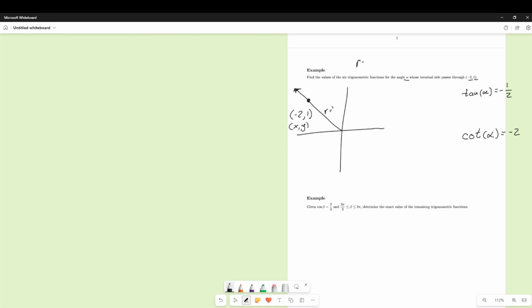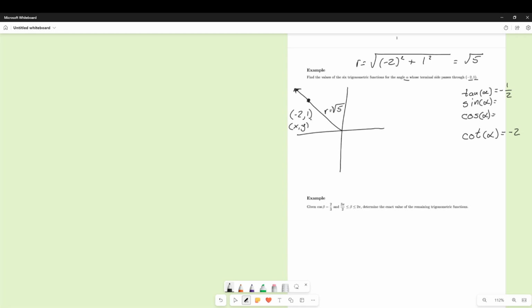So we still need to calculate that. So r, we can go right to the square root, since we know it's just going to be the positive value, of the negative 2 squared plus the 1 squared, which is the square root of 5. So the square root of 5. Then we can find our sine, and we can find our cosine.